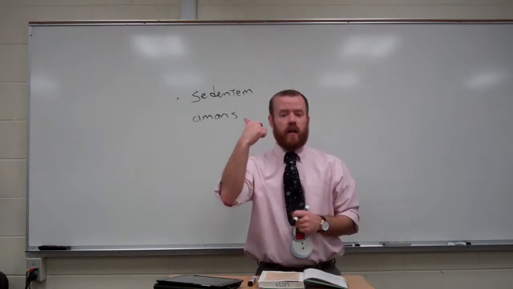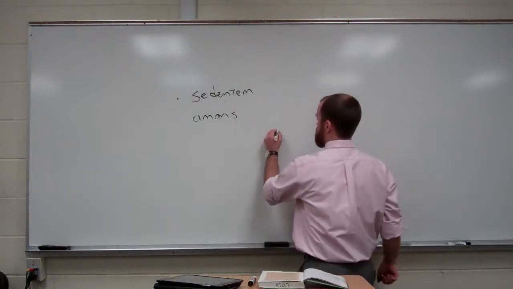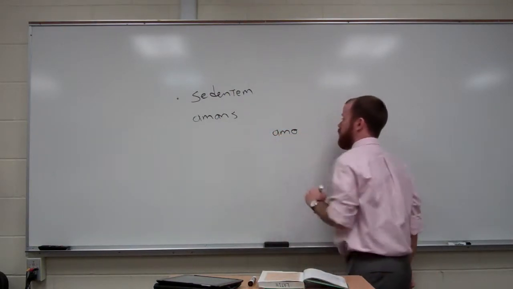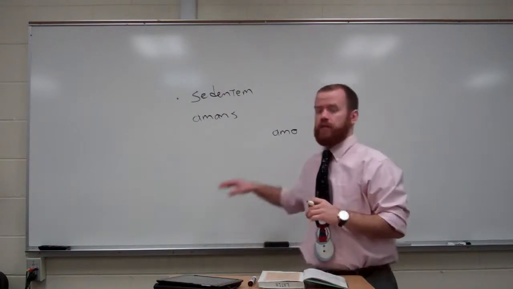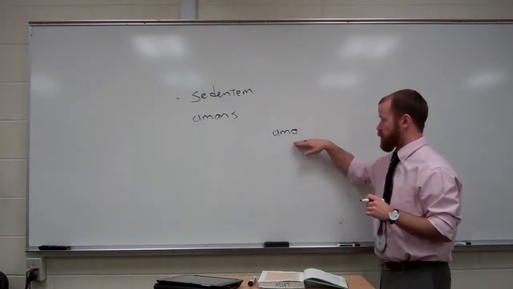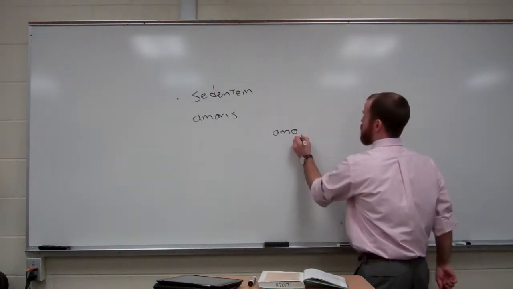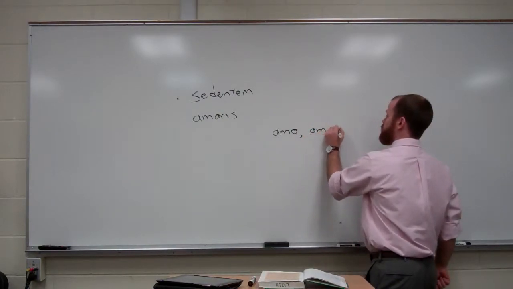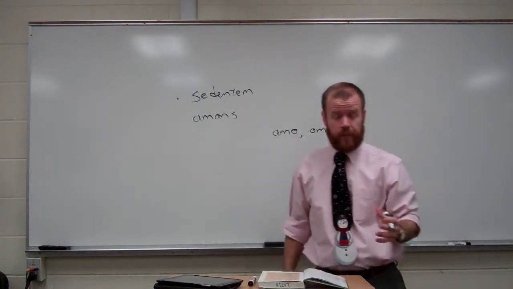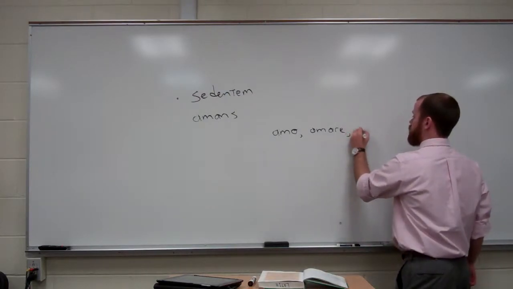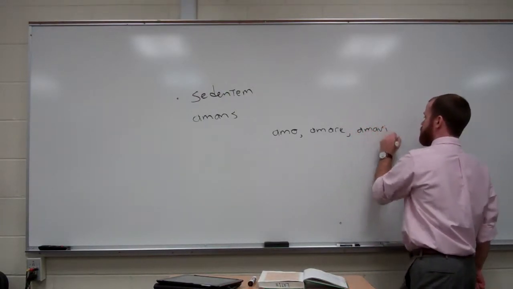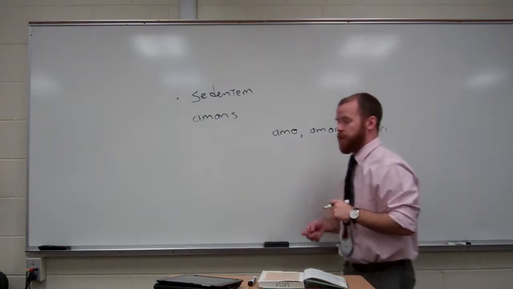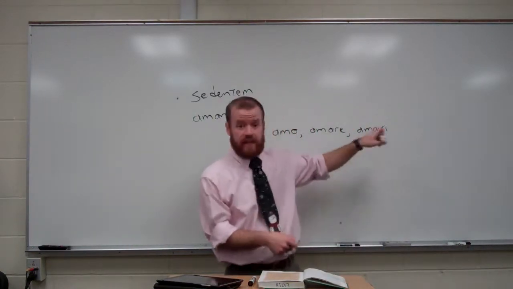Alright, we've learned the first principal part, which is the present, the present first person singular. We've learned the second principal part, which is the same as the infinitive. Alright, and we've learned the third principal part, which is the perfect tense, and that's where we get our perfect stem from.